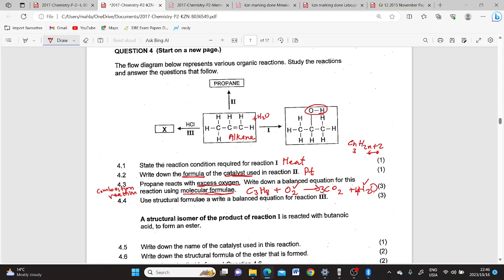We have 3 by 2, 6 plus 4, so we have 10. What we're going to do with that, we have 2 here. Always you take this 10 and divide by the 2, so we're going to have 5 oxygen there. Now it's balanced. So that will be our combustion reaction balanced.